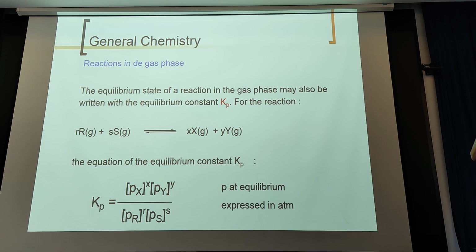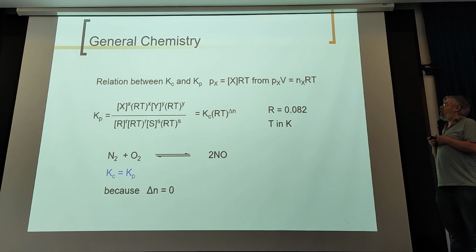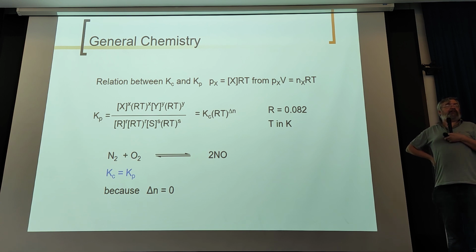Now, Kp and Kc, are they not related? Of course, they are related to each other, because concentration and pressure are also related. So you can in fact say that, you know PV is nRT, and n over V is the concentration.